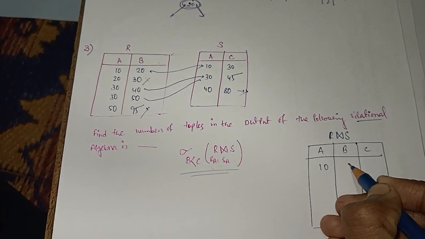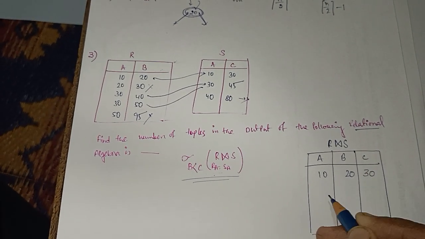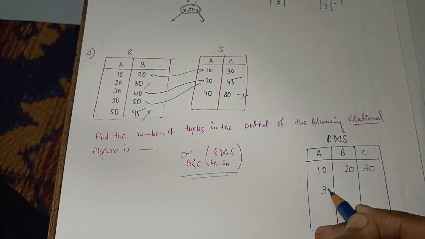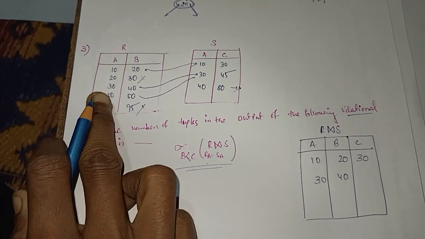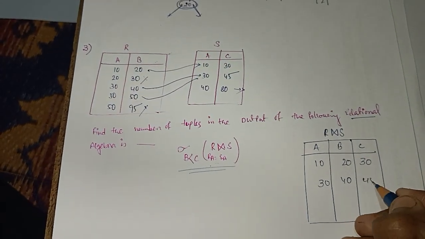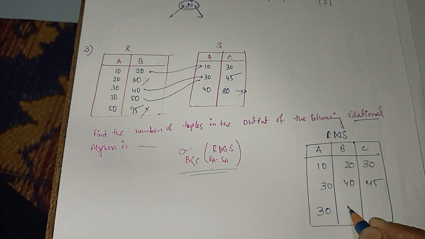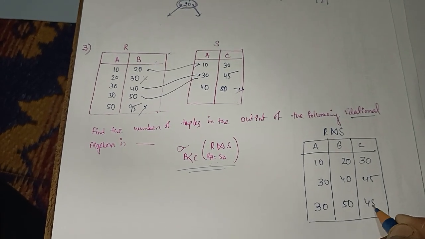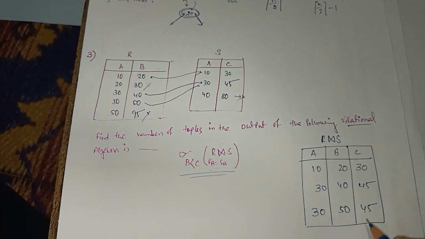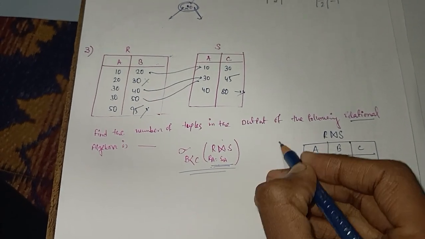So we get 10, 20 and 30. Also we get 30, 40, 30, 40 and 45, and last we get 30, 50, 45.